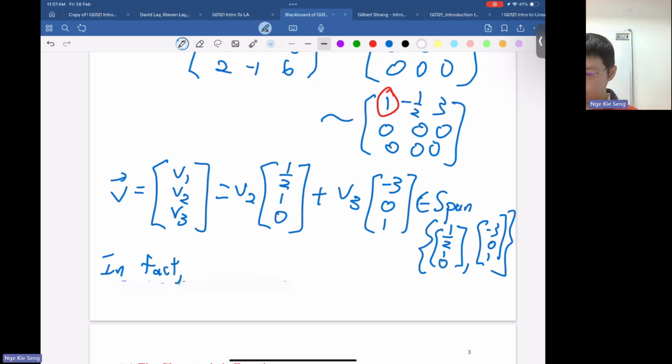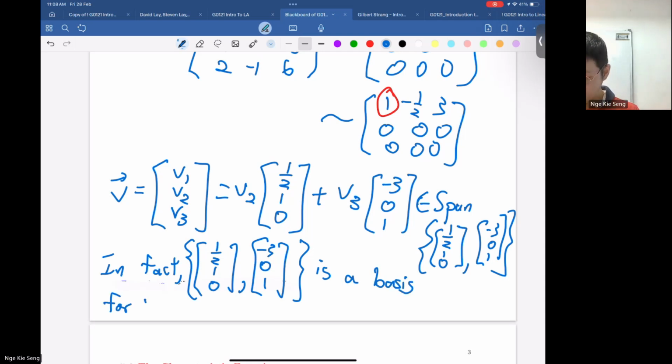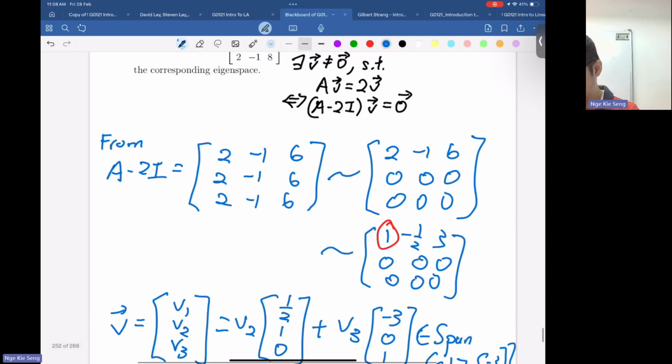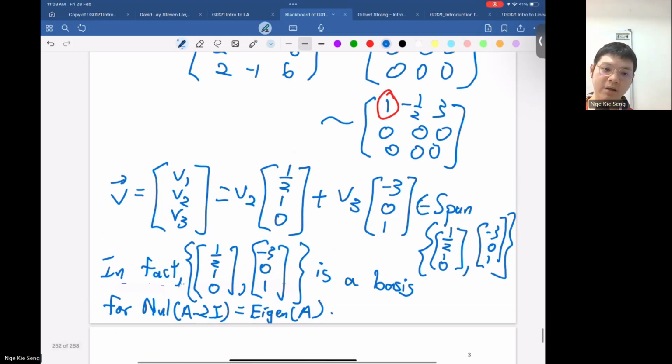In fact, the two vectors will form the basis for your null space. These two vectors form a basis for the null space of A minus 2I, which is the eigenspace of A. Okay, very good.